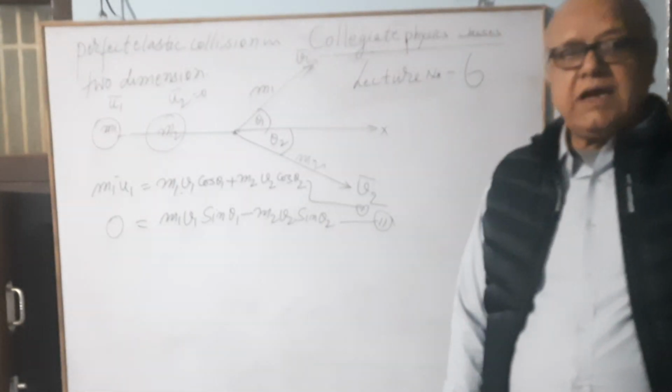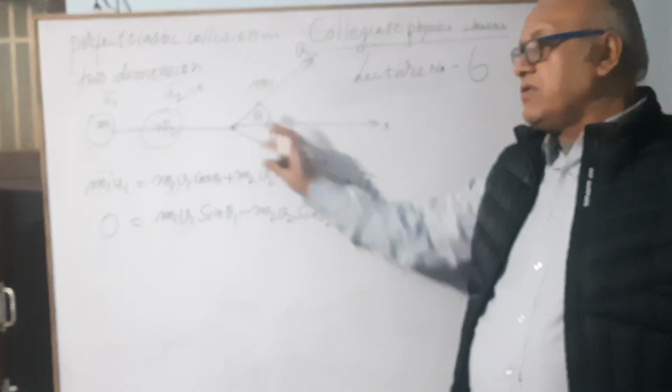Now the third equation will be obtained by applying the law of conservation of kinetic energy. That is, before collision the total kinetic energy, and after collision the total kinetic energy of the system will be constant.